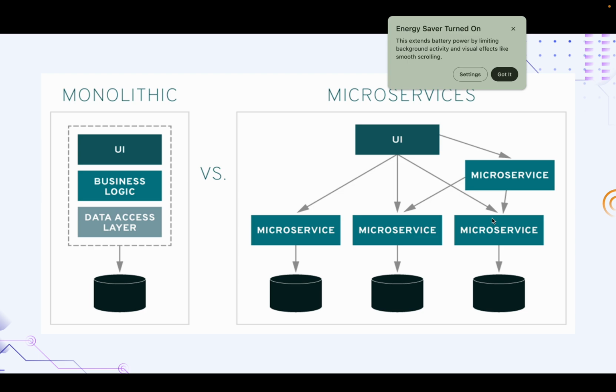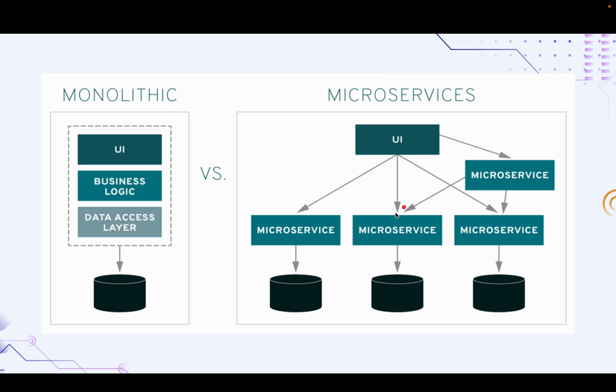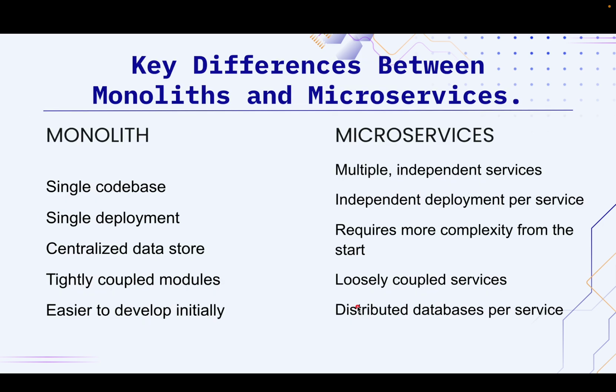These services communicate with each other through APIs, typically over HTTP or a messaging system like Kafka or RabbitMQ. And one main difference that we can see is each of these services has its own database. So unlike monolithic, microservice applications have their own databases. So these are the differences between monolithic and microservices architecture.